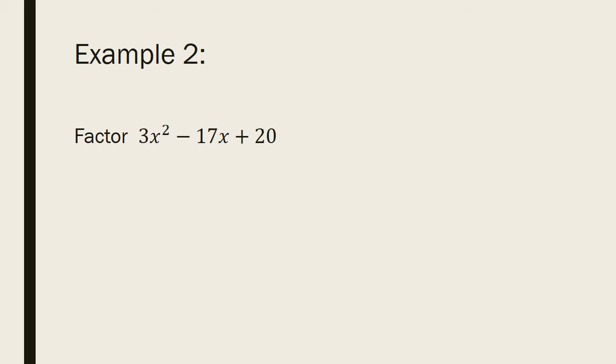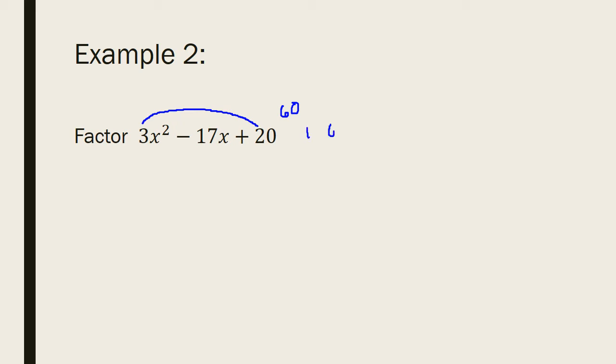Right here we have 3x squared minus 17x plus 20. So let's go ahead and multiply the a with the c, and that gives us 60. So now let's go ahead and find the factors of 60.